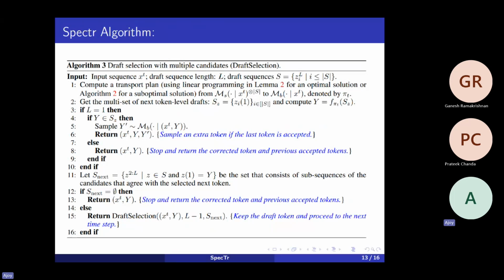And these are basically the casework. If L equals 1, then you just sample y from S_z, where S_z is the multi-set of next token drafts. And basically this is just a casework.